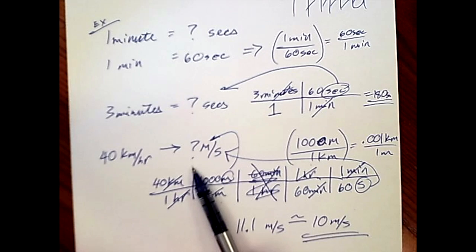Does that make sense? So the 1,000 meters in 1 kilometer does not limit your significance, because by definition, there is exactly 1,000 meters in 1 kilometer. That was the one tidbit on significance. Does anybody have any questions?